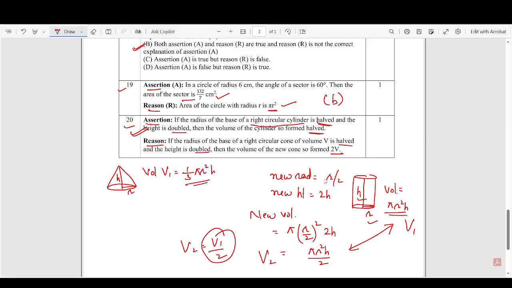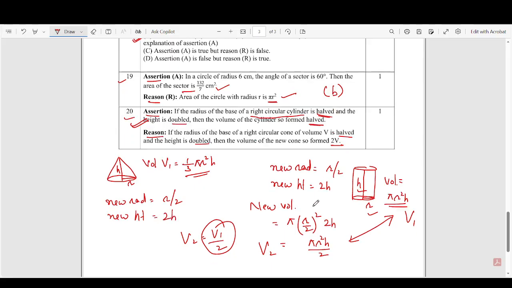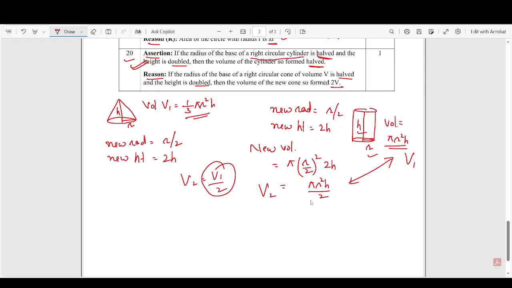Now they are saying that the radius is halved. That means the new radius is r by 2, same as what we did in the case of the cylinder, and the new height is twice, that means 2h. Now we have to find out the new volume, which we can denote by V2.